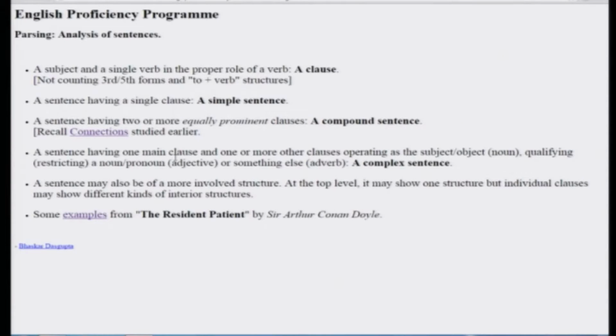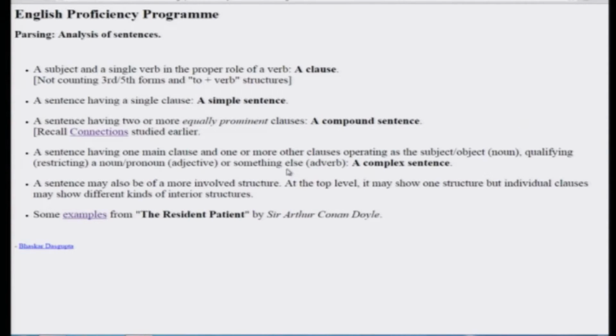they could have been independent sentences. There may be a sentence in which there is one main clause and other clauses operate in some roles, either subject or object, that is something having the force of a noun, or as a qualifying word, qualifying a noun or a pronoun, that means operating as an adjective, or it may be qualifying a verb or adjective or adverb, then it will be operating as an adverb.